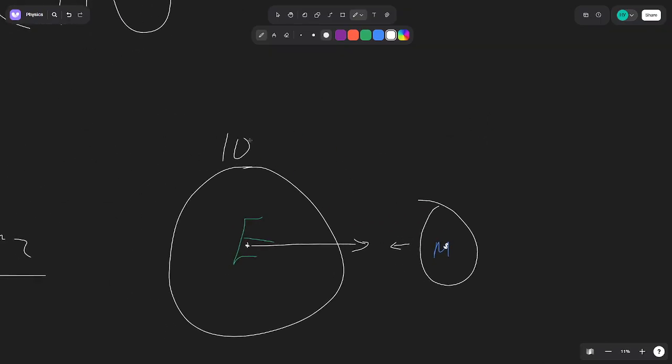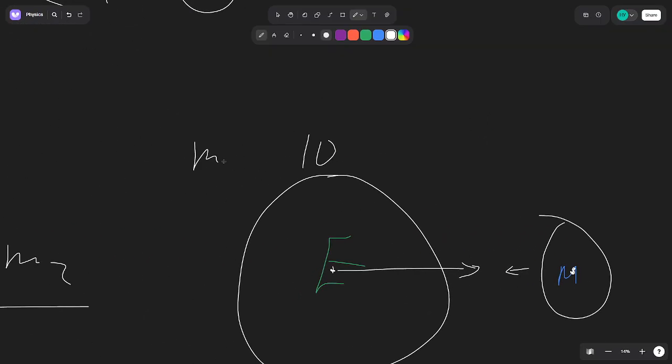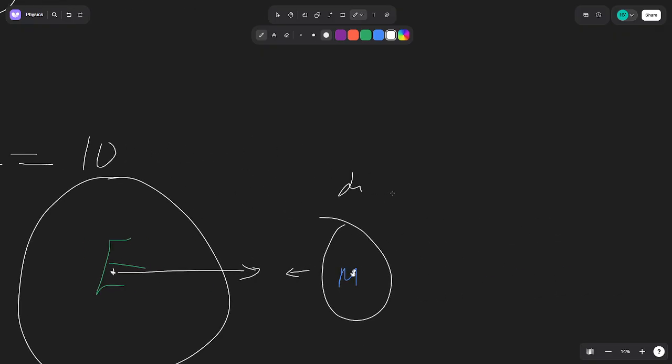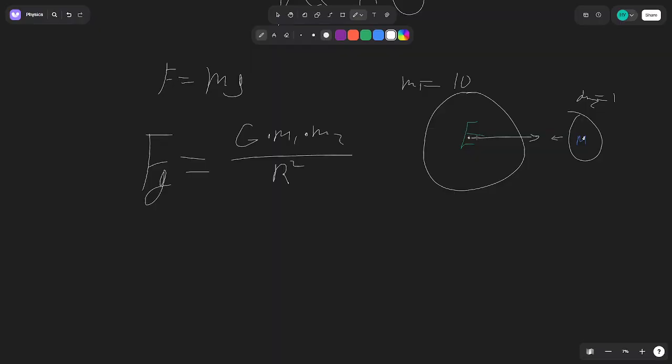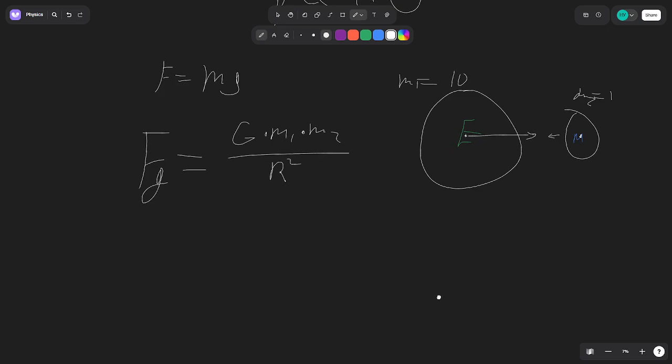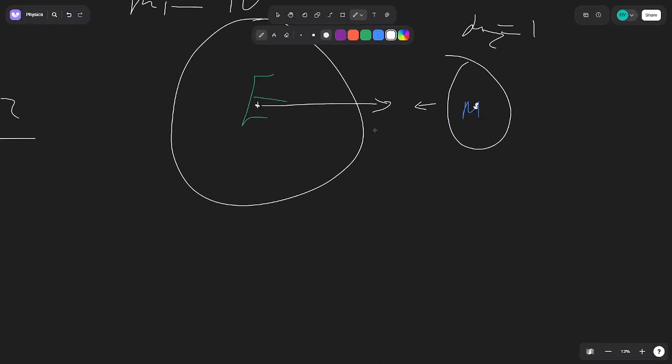For instance, the mass of the Earth is 10, and the mass of the moon, for instance, 1, right? So now we just need to paste the numbers into the equation, and we also need a distance.